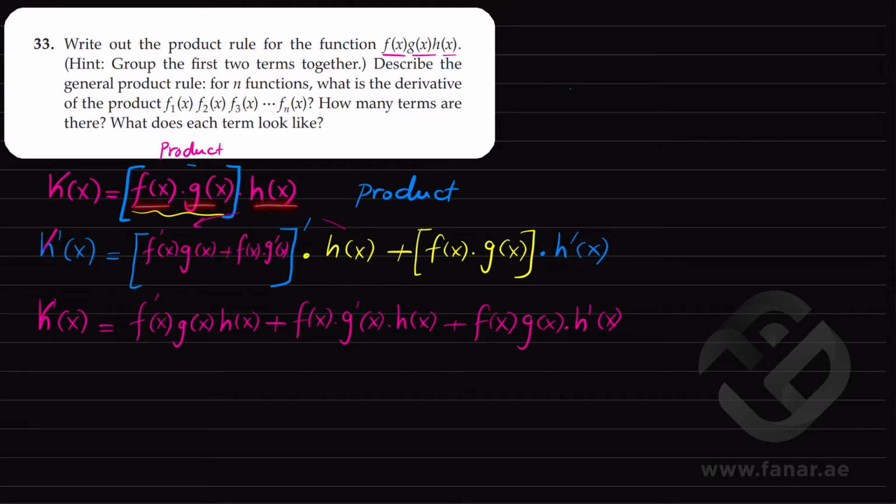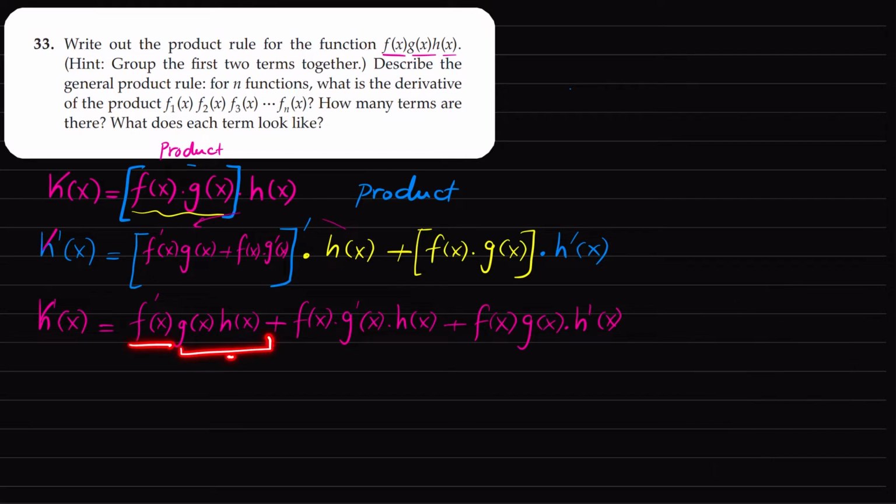three functions. We are doing the product of the first function, keeping the second two alone. Then we do the product of the second function, we keep the first and the third as it is. And in the third step, we keep the first two and we do the derivative of the third.